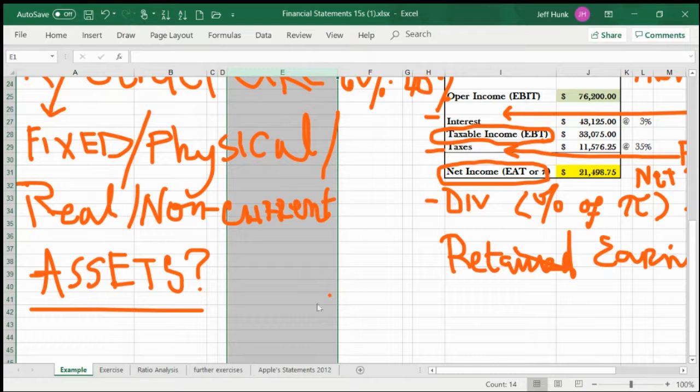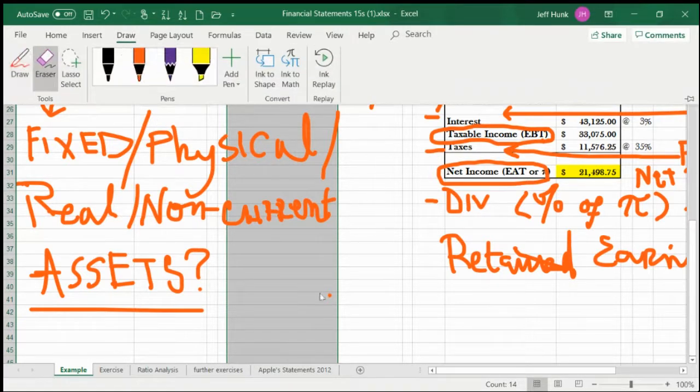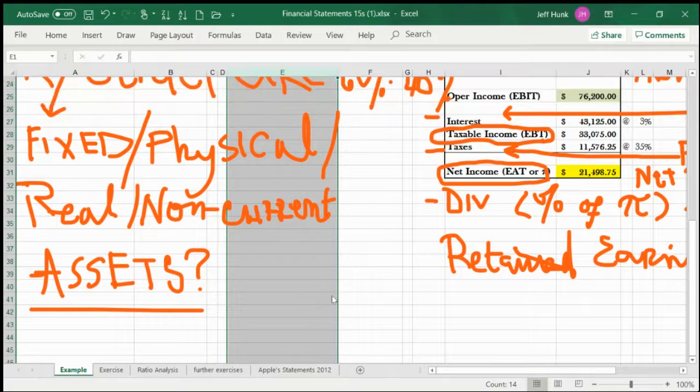To make a clear distinction, we need to make a clear definition of assets. Assets can be defined at least on three levels, just like liquidity being defined on three levels.